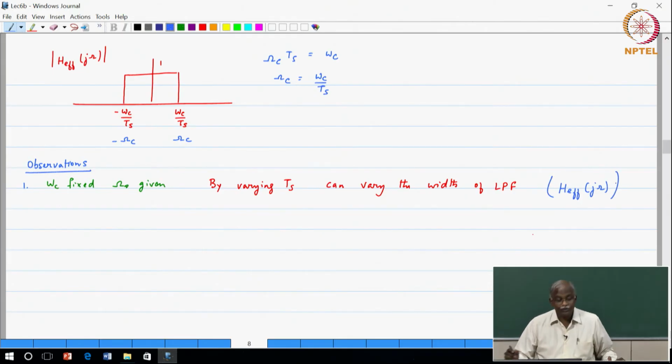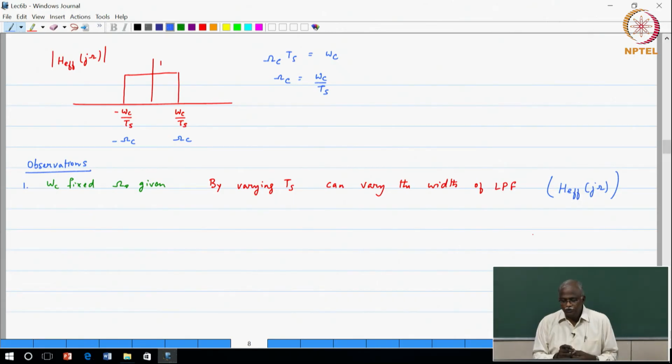Now, this is actually one of the advantages of discrete time processing. Let us say that you are not sure what bandwidth you need, where you need to cut off the continuous time signal, and you want to keep that flexibility, but you do not want to keep redesigning your analog filters.